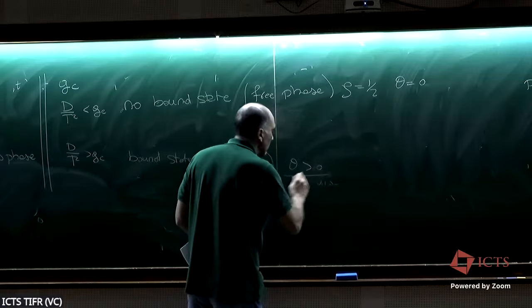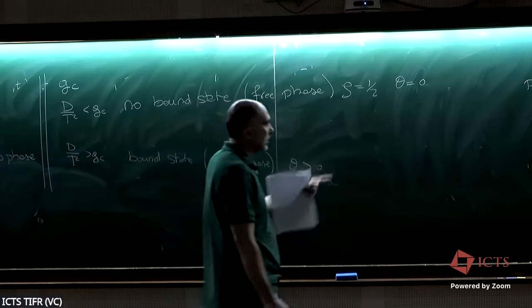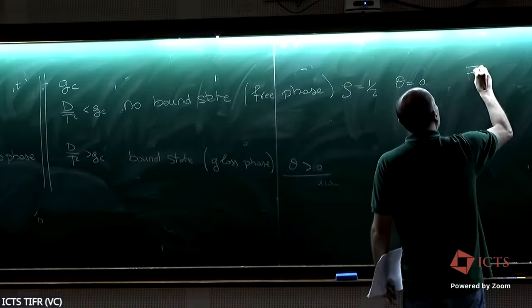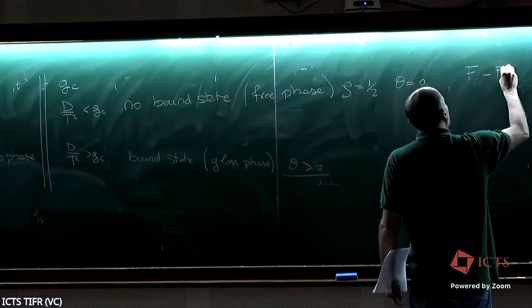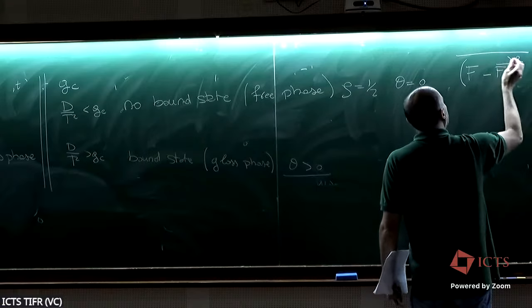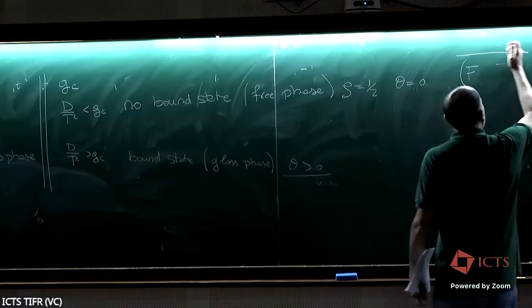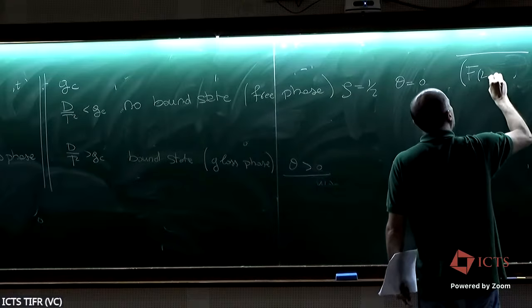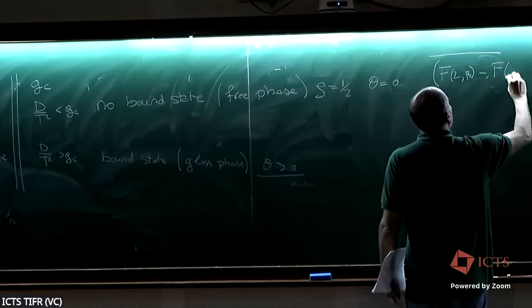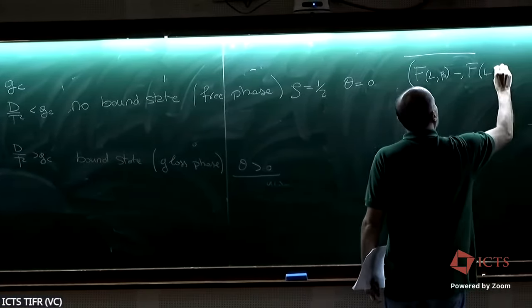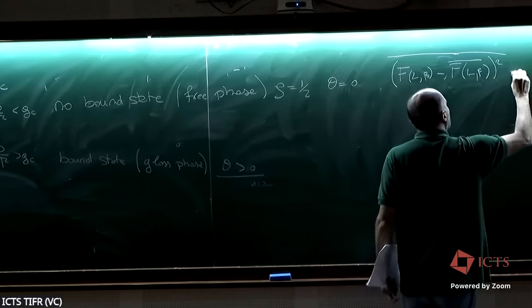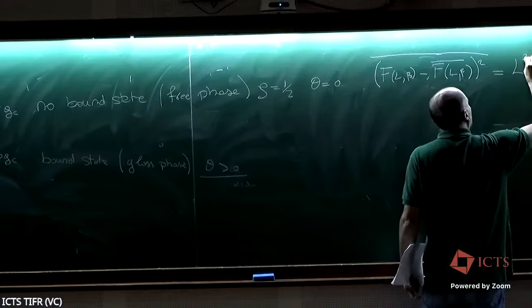If you measure the fluctuation of the free energy at a given temperature, let me write it correctly. Let's say that you have your free energy, which is sample dependent. You measure the average value among all the samples. You take the square. It will be L to the power 2 theta.